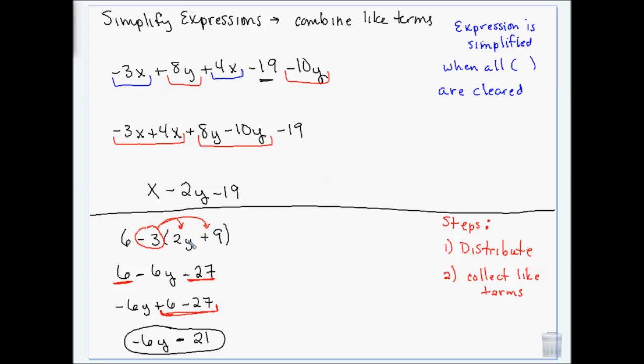This is what we did when we applied the distributive property. We cleared the parentheses, and like terms are collected. Now there will be some more rules for simplification to determine if something's completely simplified when we get into other processes, but for right now you want to clear all your parentheses and collect all your like terms.